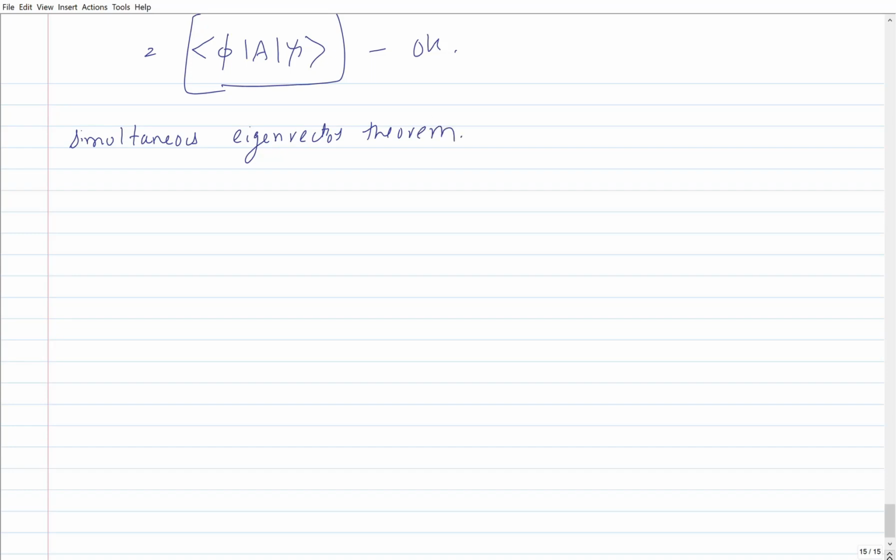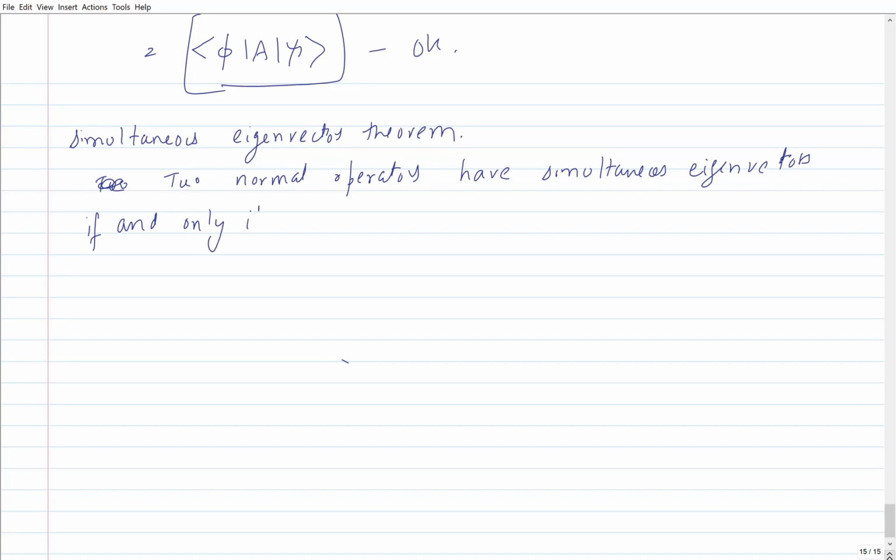I'll give you some time to think about it, but essentially this says that two normal operators have simultaneous eigenvectors if and only if they commute.